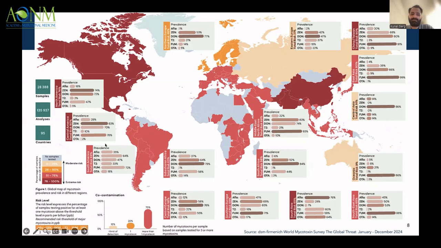But one of the things we should be really aware of is co-contamination. This is something I really want to press on: 70% of the samples submitted in 2024 had more than one mycotoxin.